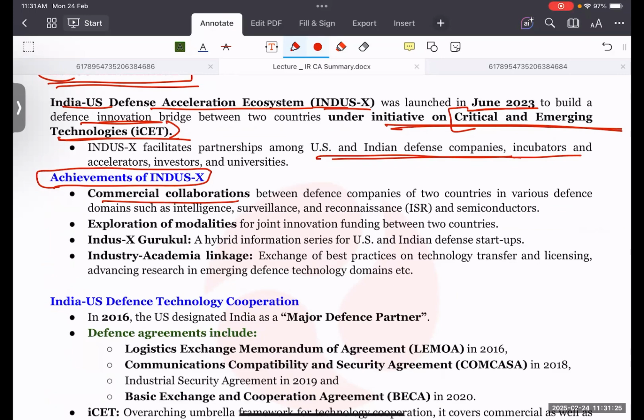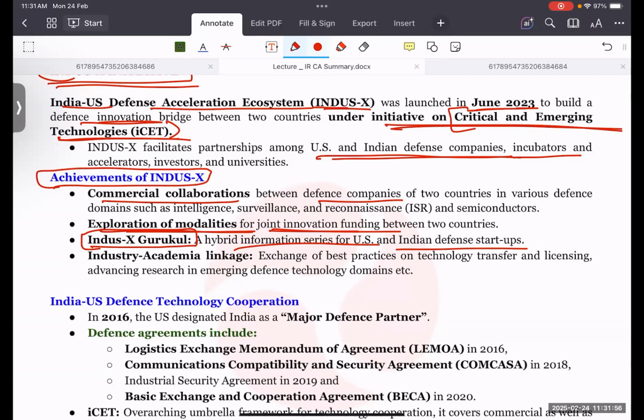Commercial collaborations will take place between the defense companies of these two countries. For example, the DRDO will collaborate with its counterpart in the USA. Then there is exploration of modalities for joint innovation. It is not just the exchange of products or technology, there can also be joint development of technology. Then there is an initiative, Indus X Gurukul, a hybrid information series for US and Indian defense startups.